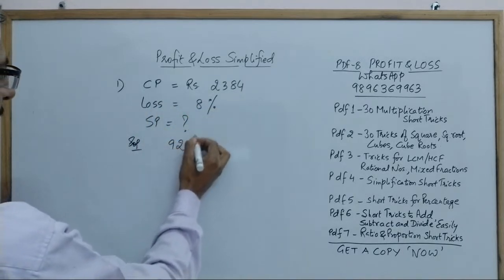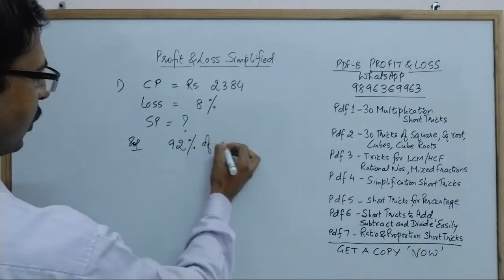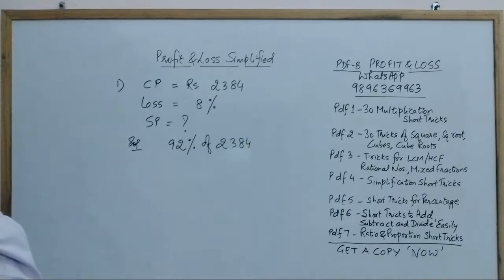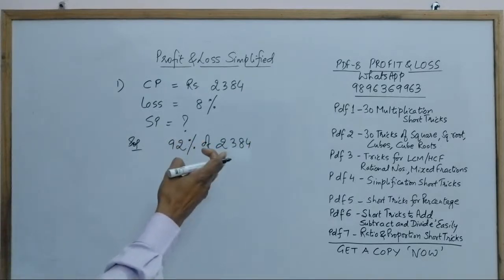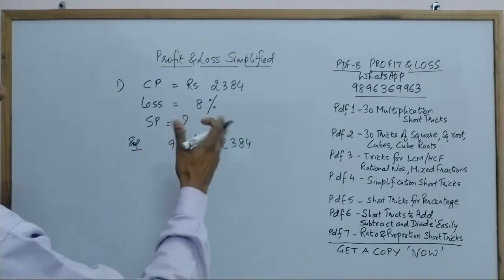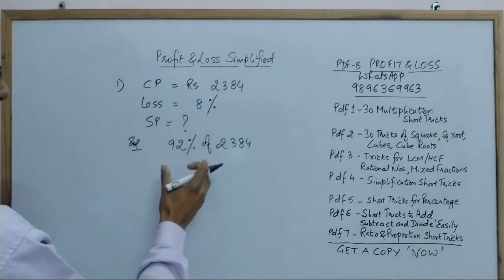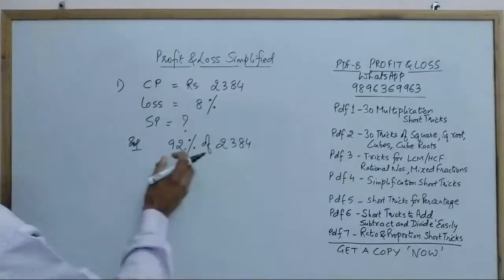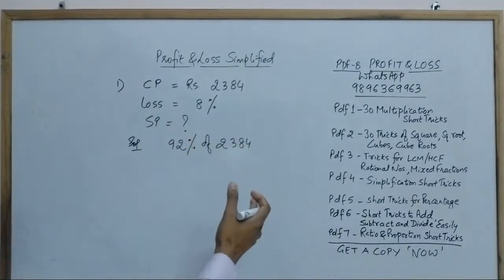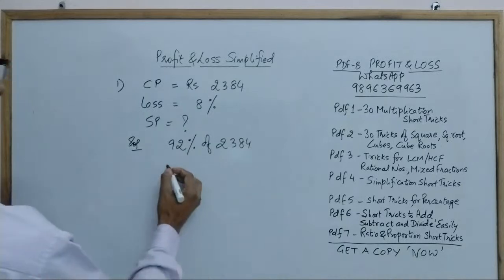So we need to find 92% of the cost price 2384. Now if you see 92% of any number, then you just put a decimal 2 digits from the right hand side to get to the answer of this particular question.